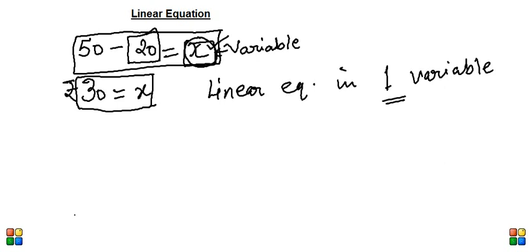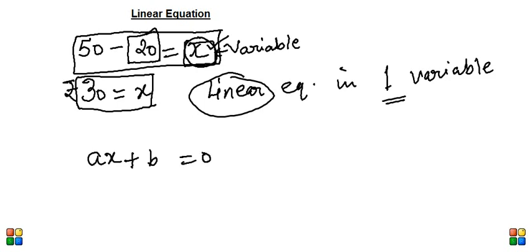And why is it called linear? Because the highest degree of the equation or polynomial is 1. For example, generally we write ax plus b is equal to 0. Here a is the coefficient of x, b is a constant and x is a variable.